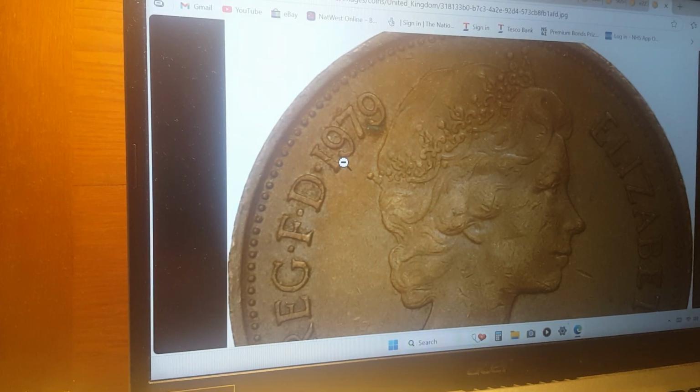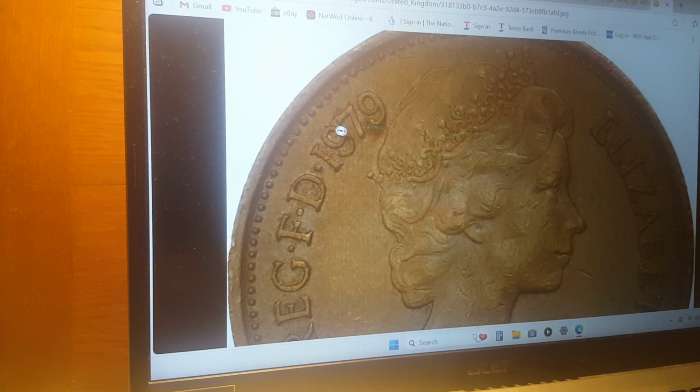It would be interesting to know, on the 1979s, if they are exactly the same. And what I mean by that is that you've got that swelling here and not there.